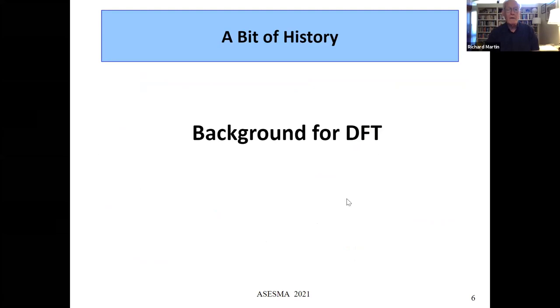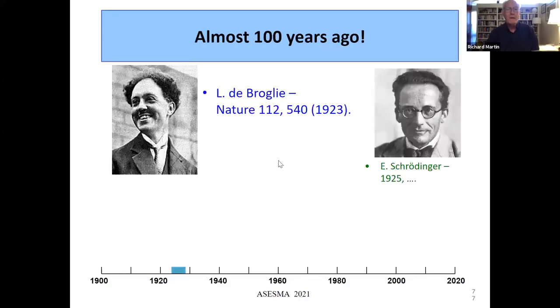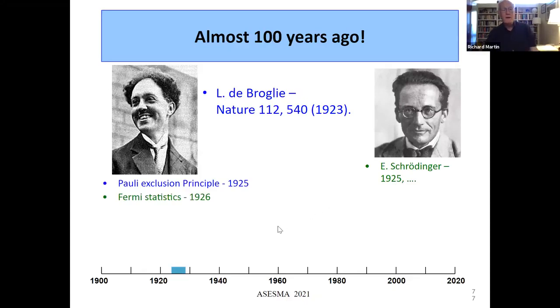So a bit of background for DFT. I think it's nice to get some history that sets up the background. In 2 years will be the 100th anniversary of the first paper by Louis de Broglie that set in motion quantum mechanics as we know it. Within 2 years was the Schrodinger equation, the Pauli exclusion principle, Fermi statistics already.